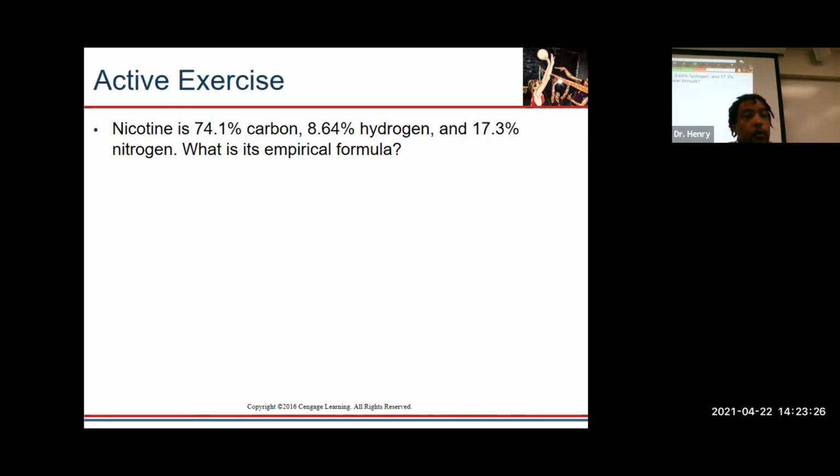We can make an assumption of how much nicotine we have if we know that 74.1% of it is carbon, 8.64% of it is hydrogen, and 17.3% of it is nitrogen.